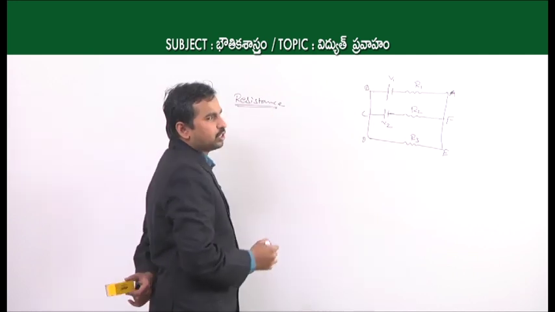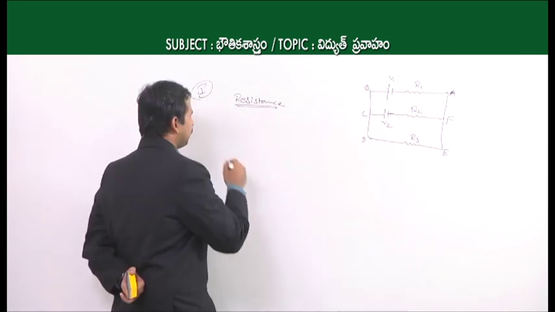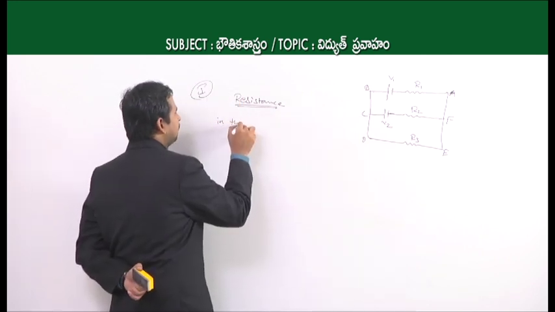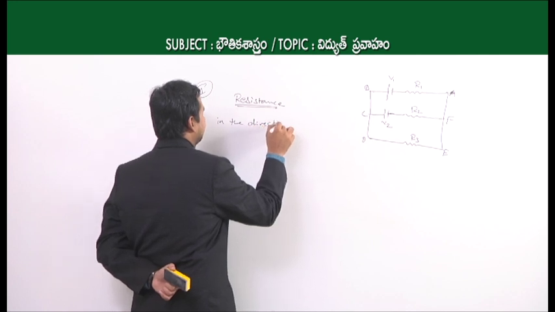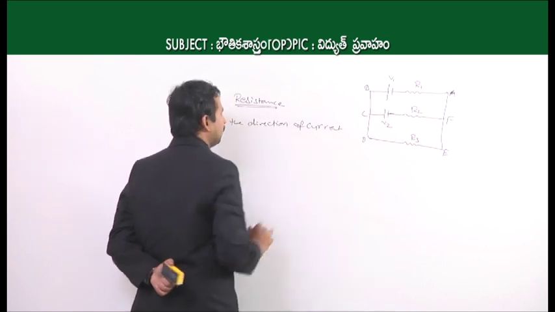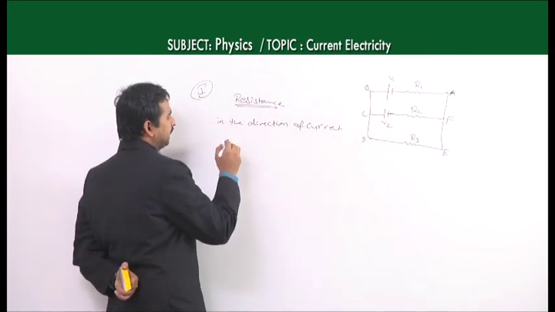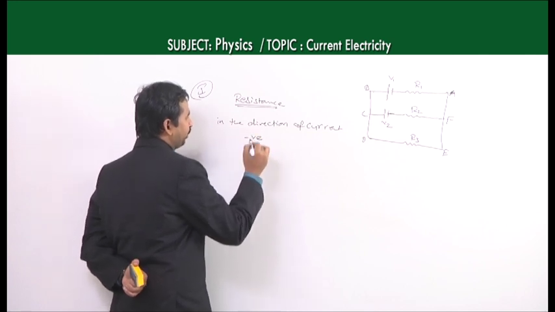As the resistance opposes the current, if you are going in the direction of current, we always have to take its value as negative.